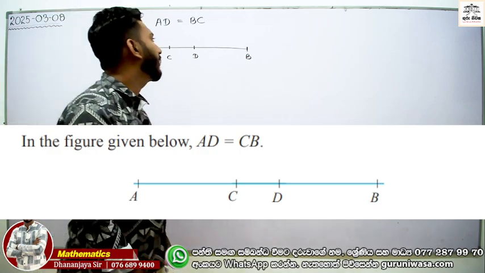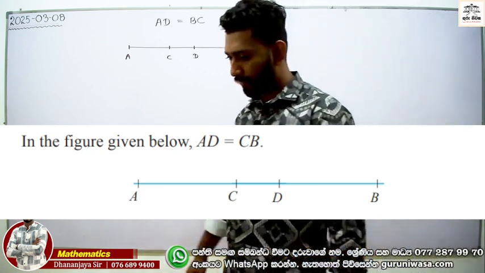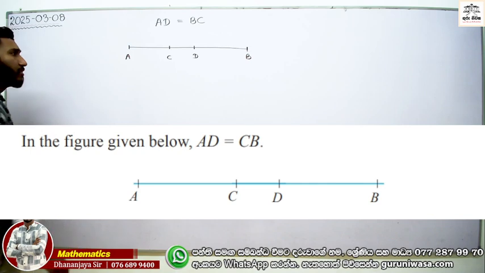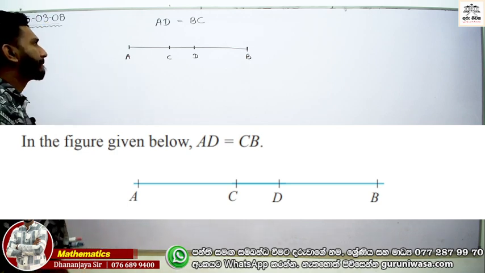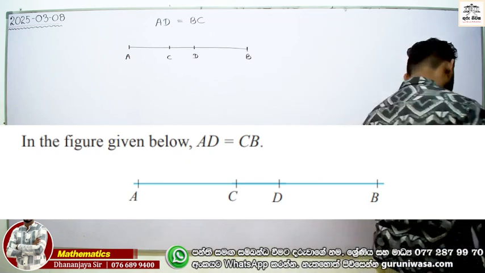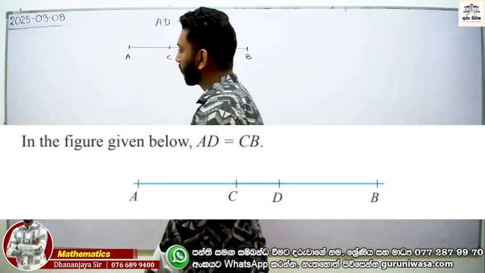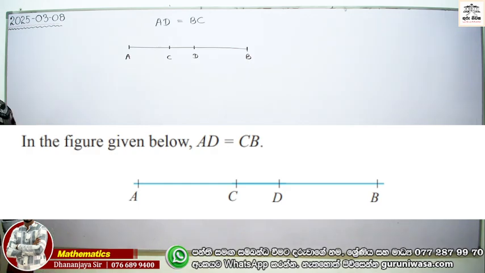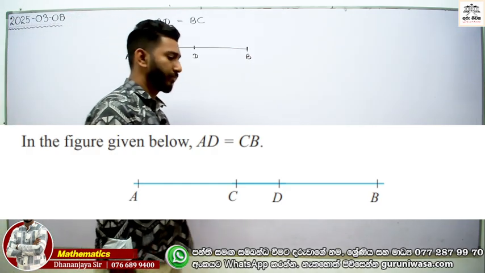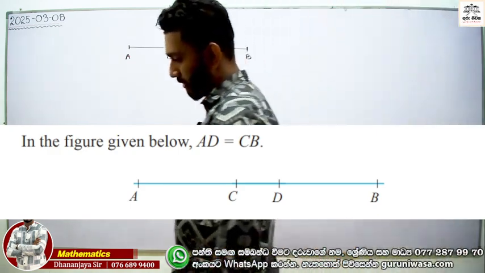AD equals CB, or AD equals BC. Right. Now listen.